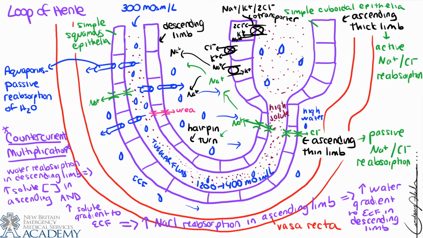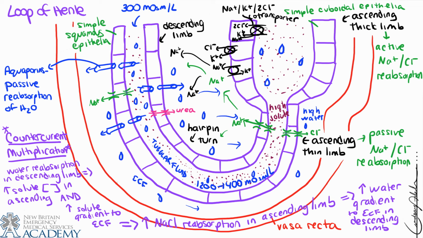I just want to make a couple of final points as we wrap up. As the tubular fluid is moving out of the ascending thick limb of the loop of Henle, its next destination is going to be the distal convoluted tubule. Unlike what has happened up to this point, we had 300 milliosmoles entering from the PCT, and we concentrated the urine as we moved down into the base of the loop of Henle around the hairpin turn.